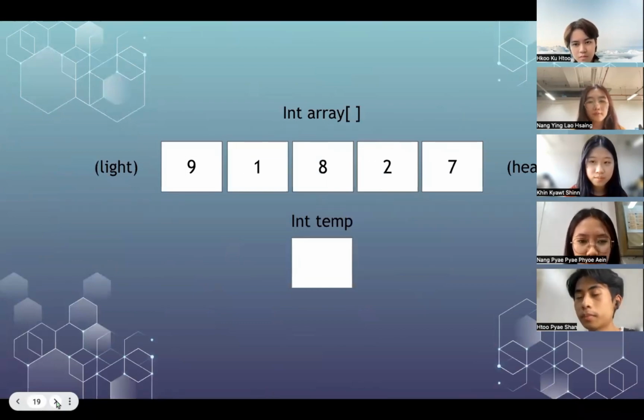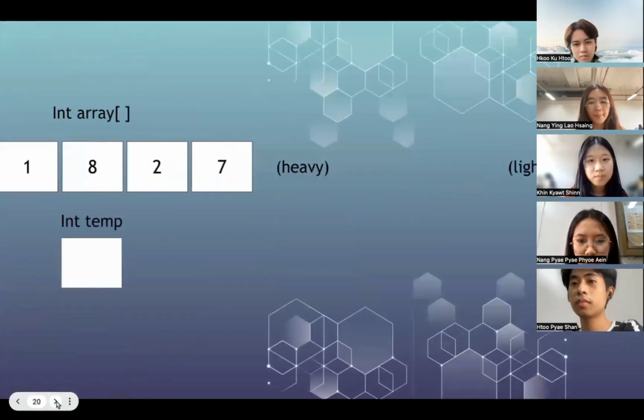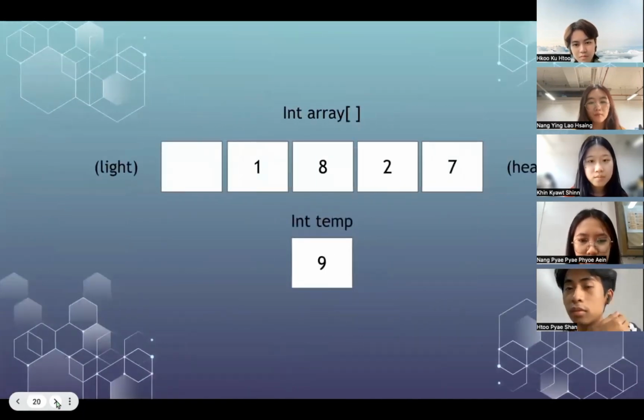First of all, we will compare the first two adjacent elements. Because it is an ascending order, if the first element is greater than the second element, we will put it in an empty variable, put the second element in the first element's place, and the temporary element in the second place.